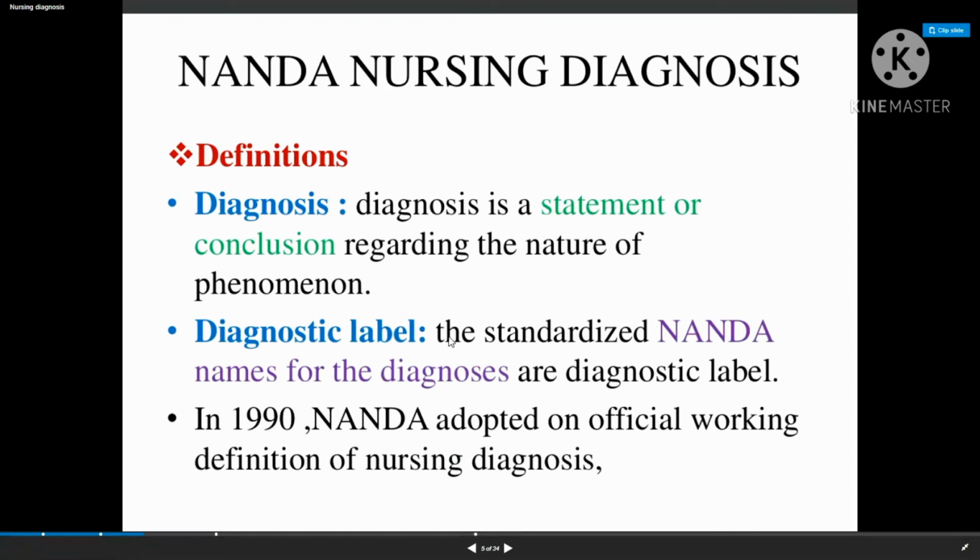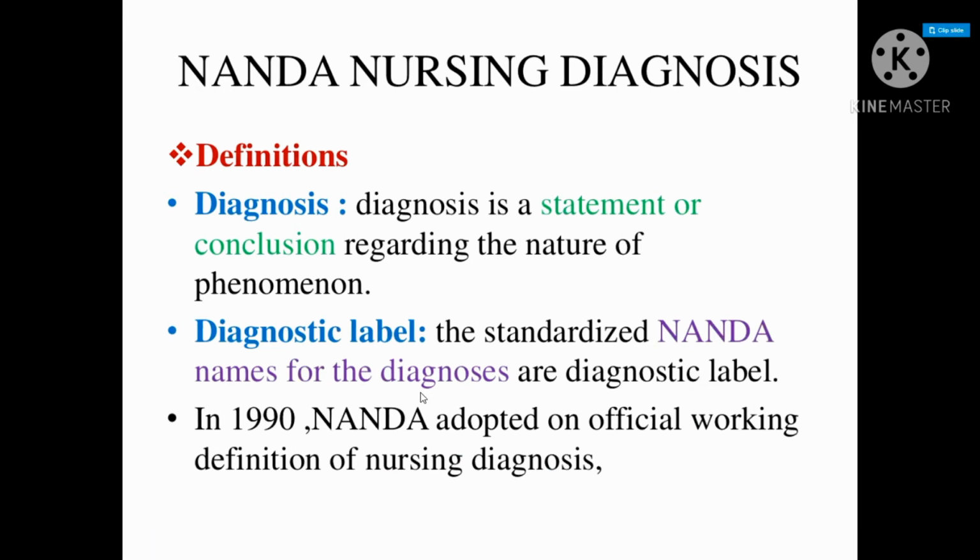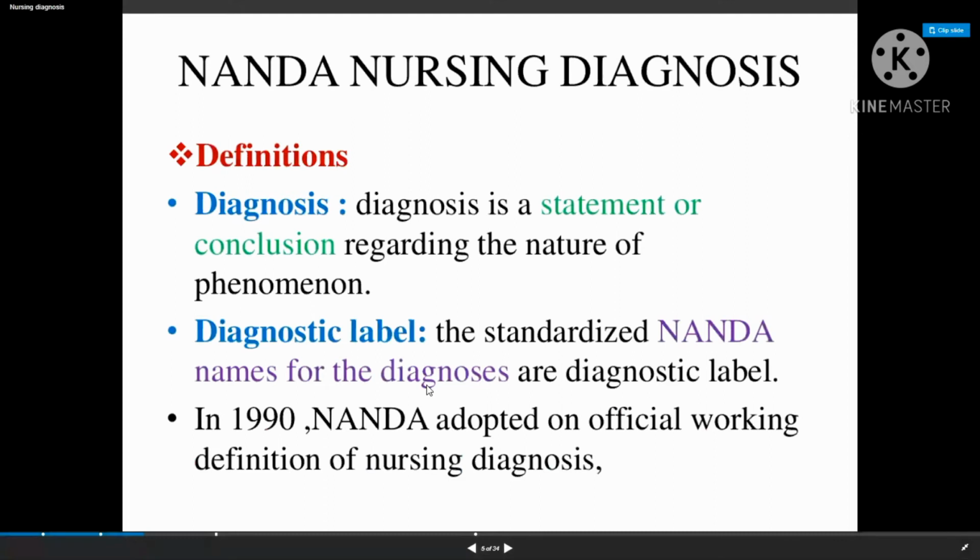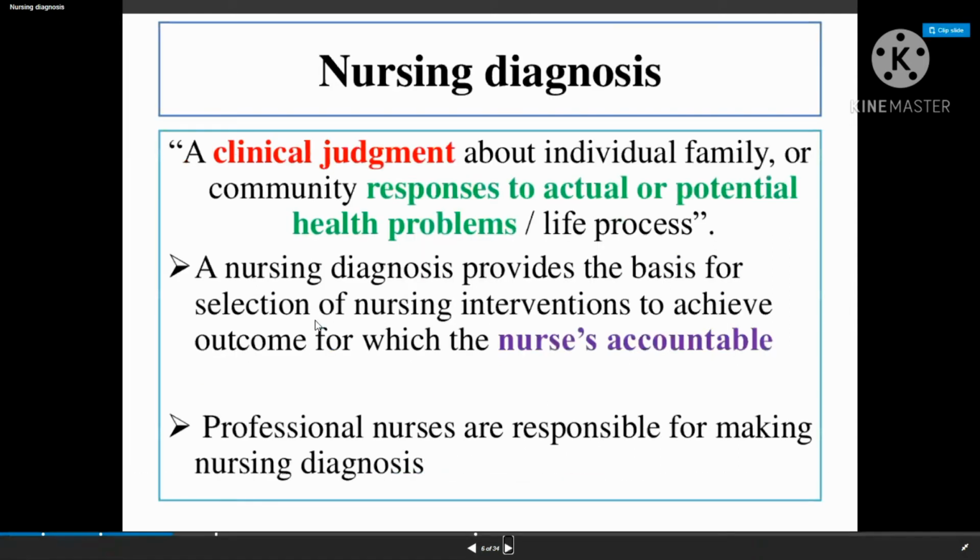Then the diagnostic label: the standardized NANDA names for the diagnoses are called diagnostic labels. Remember, these terms are very important. In 1990, NANDA adopted an official working definition of nursing diagnosis.